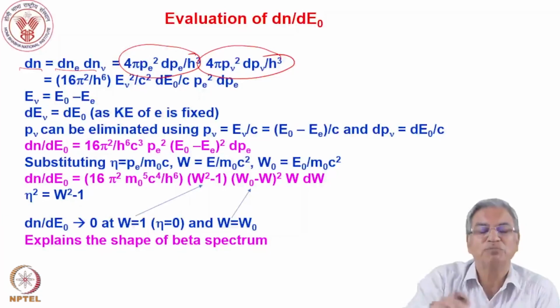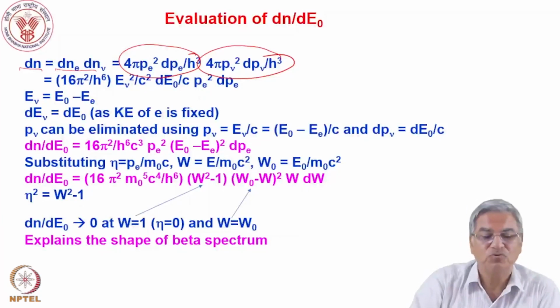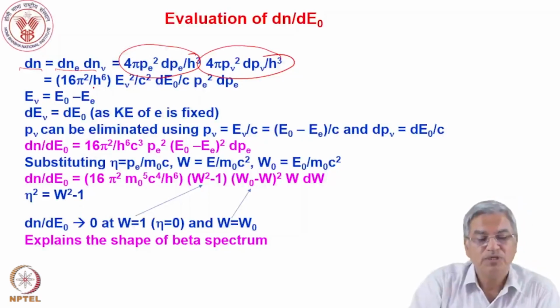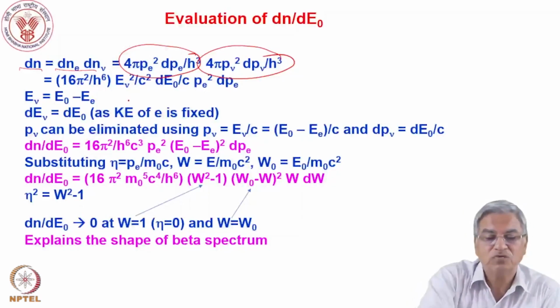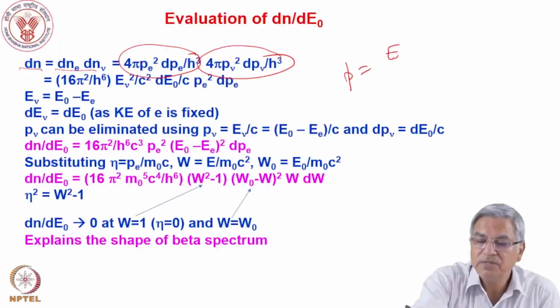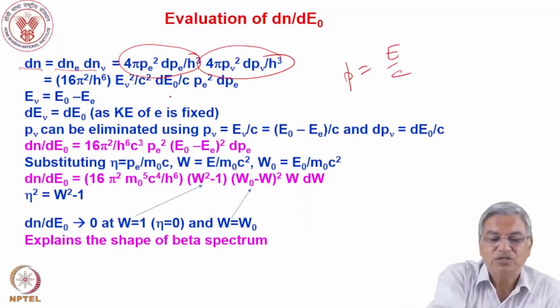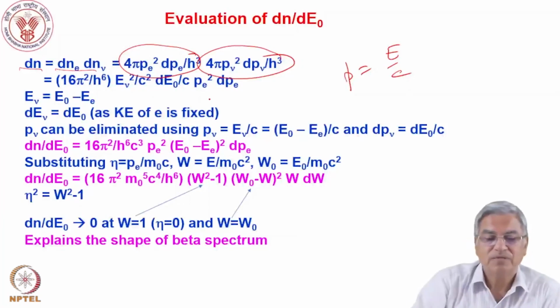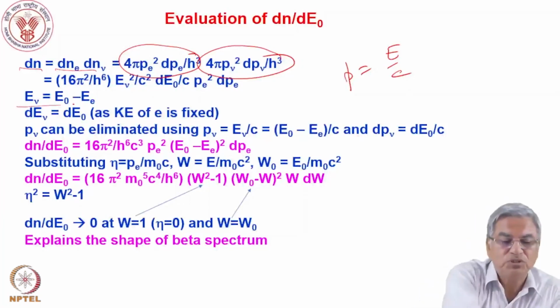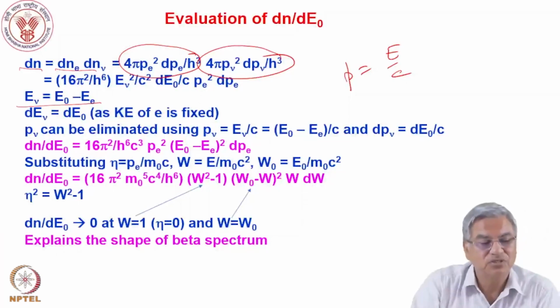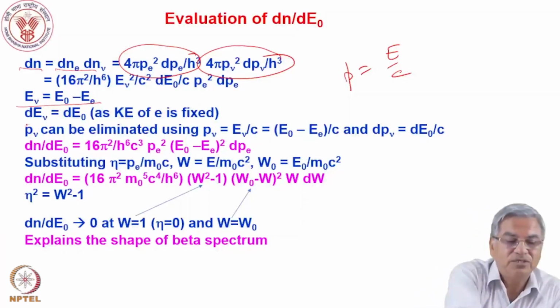These are the momentum space for electron and neutrino. So it is calculated to be 16 pi square by h cube into E nu square by c square. You can say P equal to E by c for neutrino, and dE0 by c. And because E nu is E0 minus EE, since EE is constant, you can say dE nu is dE0.